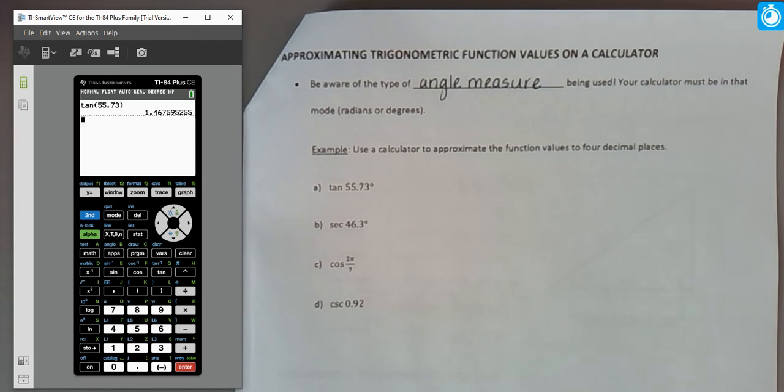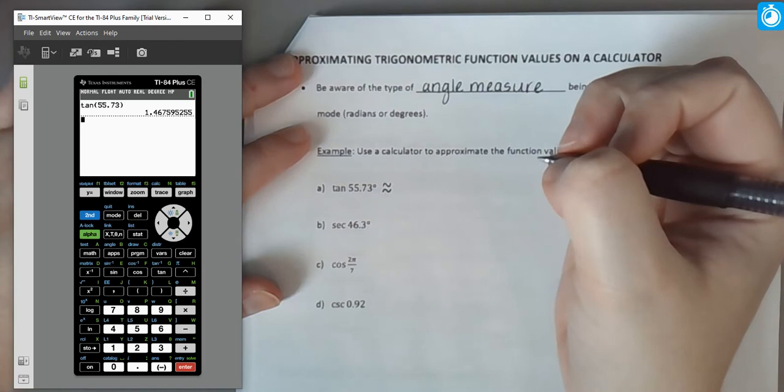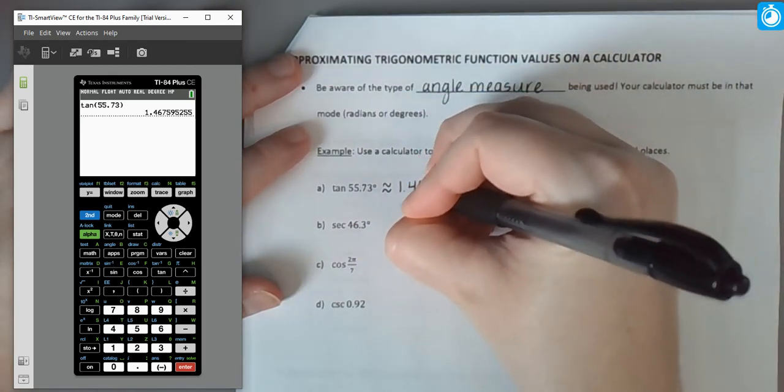Notice it's not given as an actual ratio because we don't actually have a triangle with actual side lengths, but it is giving me the value that that ratio would have if we were to evaluate it in an actual triangle. So to 4 decimal places, it's going to be 1.4676.